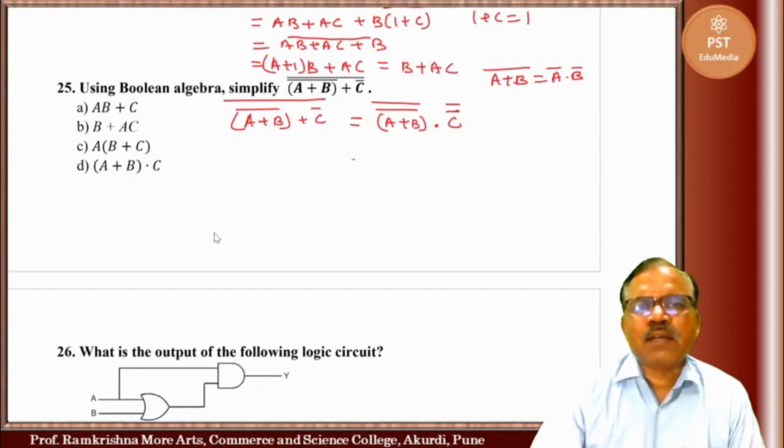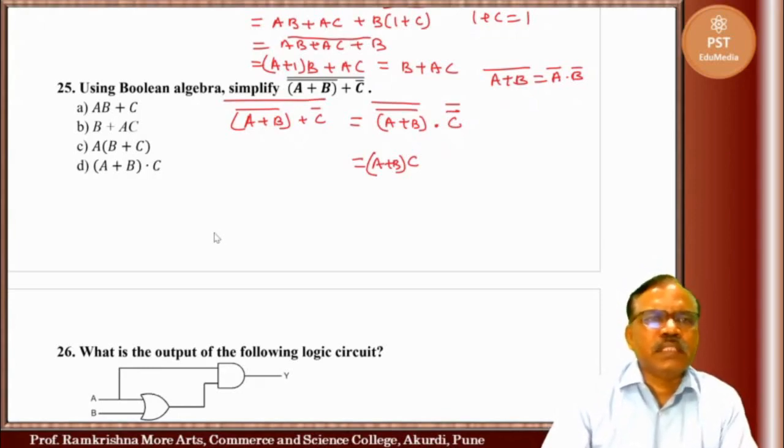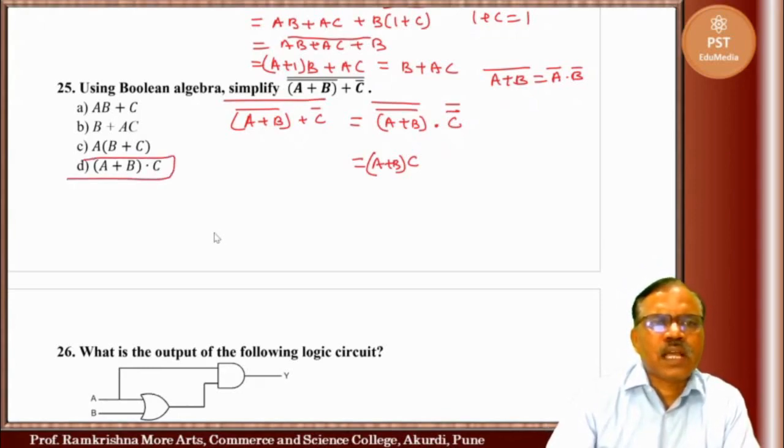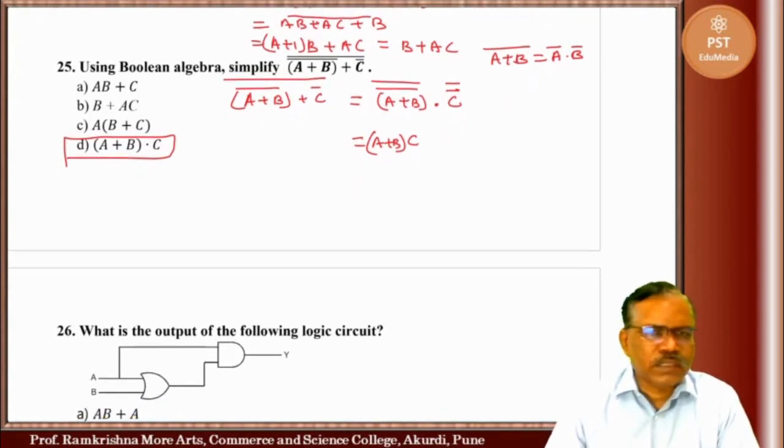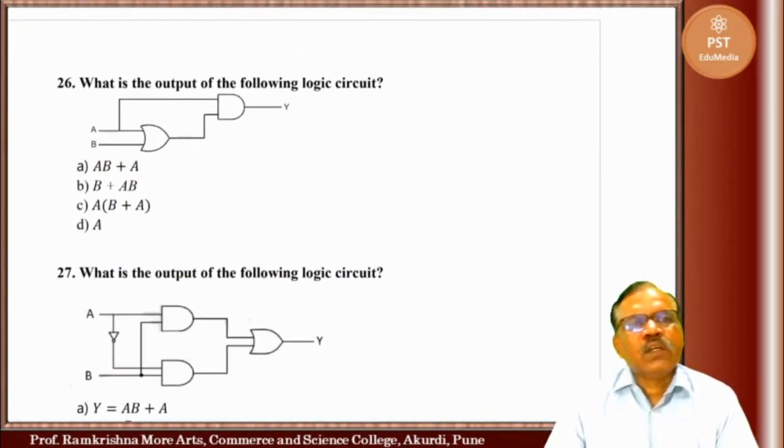Now C bar bar, it is C, A plus B bar it is A plus B. So here (A plus B) into C. So this last one is correct.